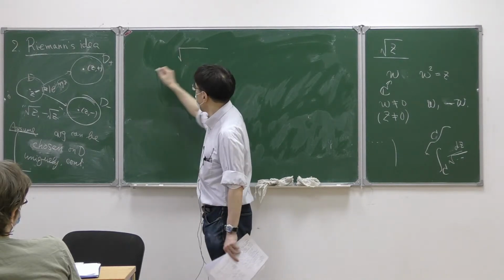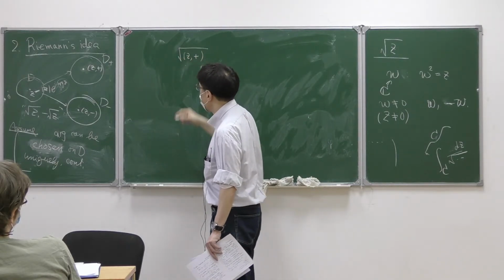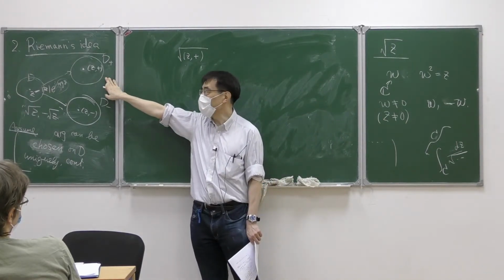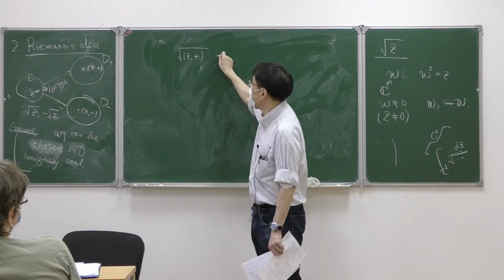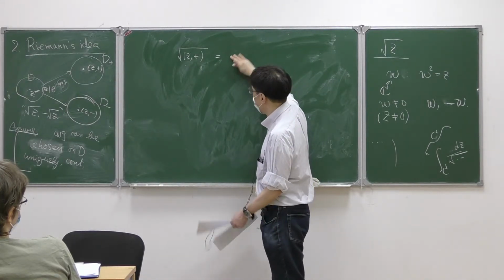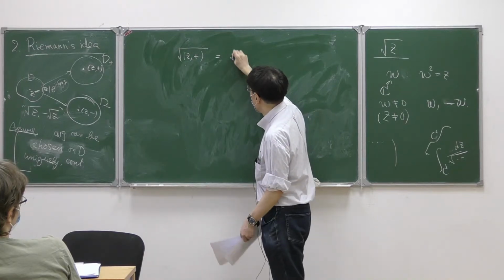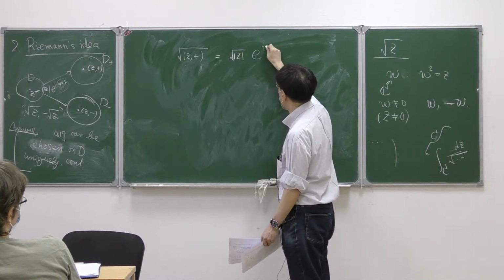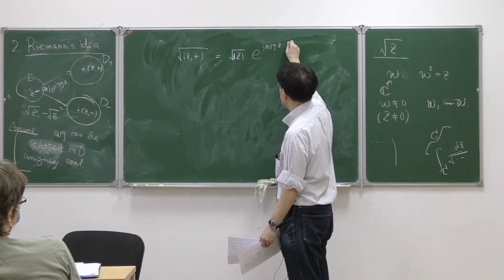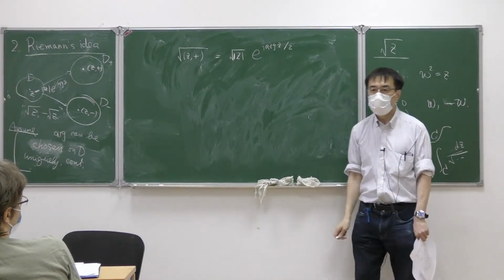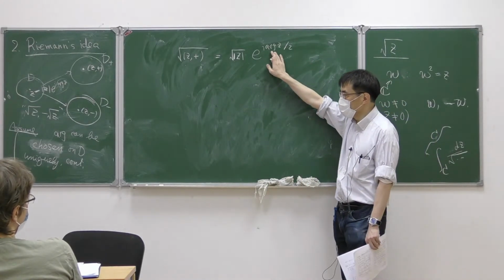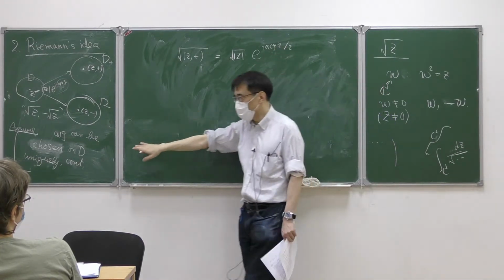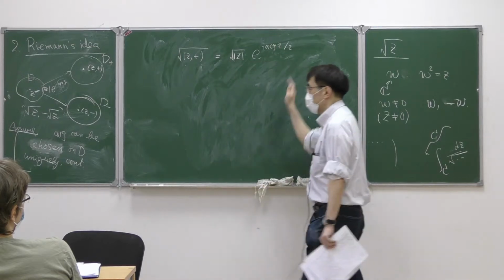Then let's define the square root of, so to say, upper z by this. Since we are choosing one argument, this is a well defined and continuous function.